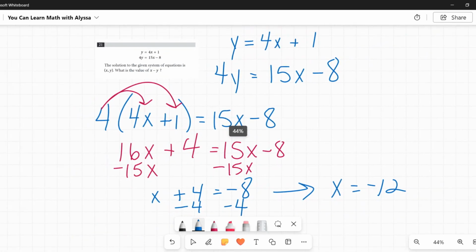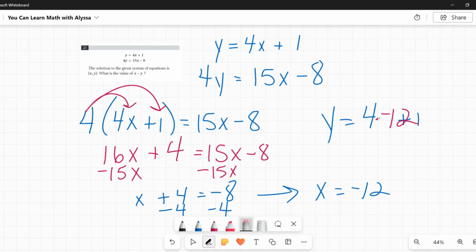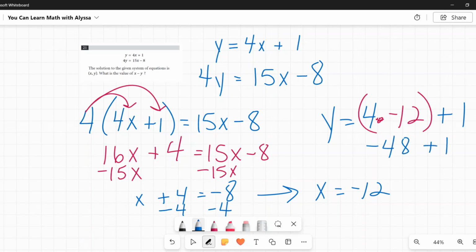Then to solve for y, with y equals 4x plus 1, I'm going to replace x with negative 12: 4 times negative 12, plus 1. 4 times negative 12 is negative 48, plus 1 is negative 47.